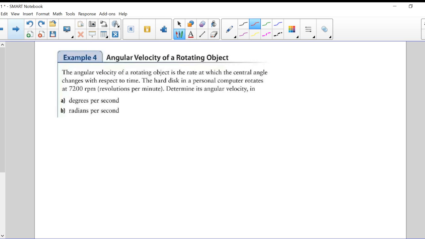So a rotating object is going at a rate, and they use a hard disk as an example, of 7,200 revolutions per minute. And all that means is that every single minute, the platter inside the hard disk rotates 7,200 times. It's really that simple, right?